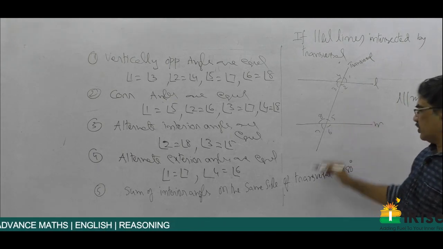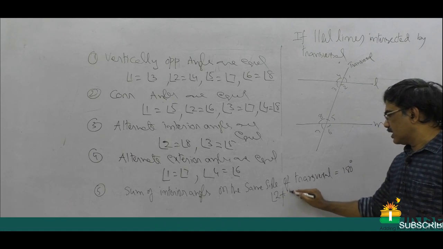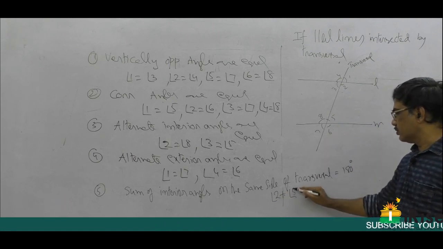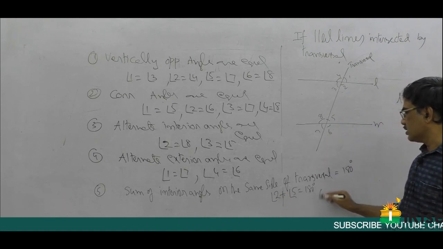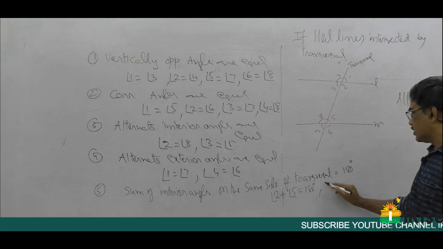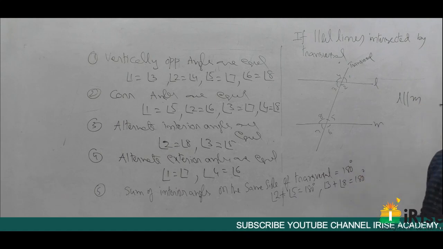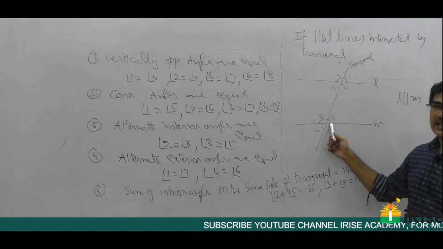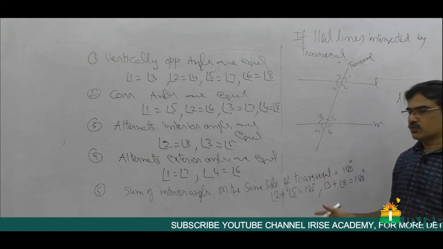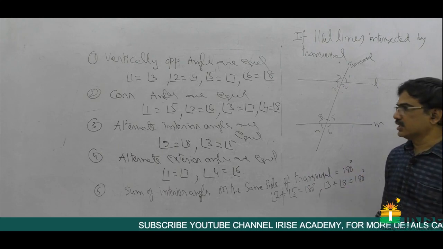That is, angle 2 plus angle 5 is equal to 180 degrees, angle 3 plus angle 8 is equal to 180 degrees. The sum of interior angles on the same side of the transversal is always 180 degrees.